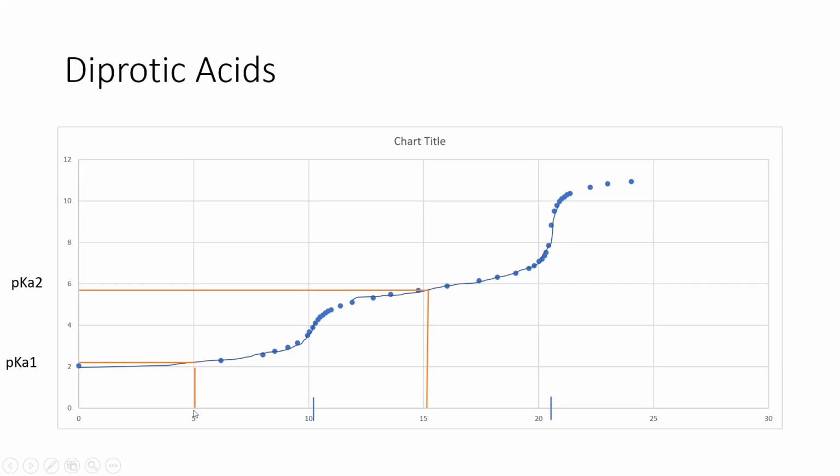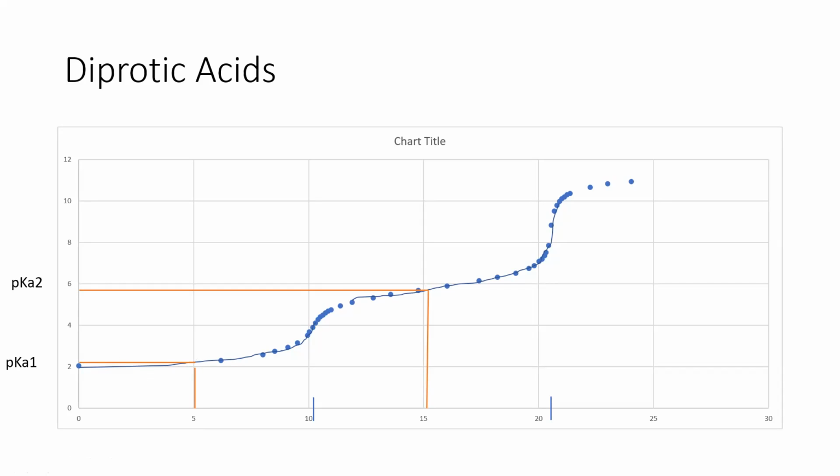We could draw a line up from where that is and go over to the side where the pH is, and we can determine what that is. Here it looks like it's 2.2, but you can get a better answer by looking at what your data table says in that region. So I can say, where's my data point that's very close to 5? What's the pH there? That can give you a good answer.